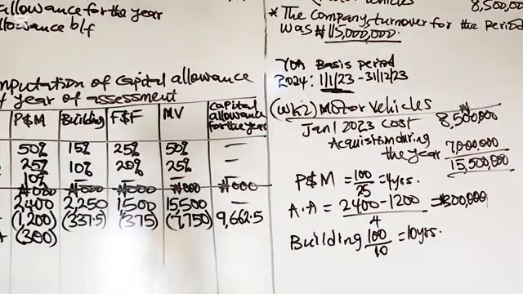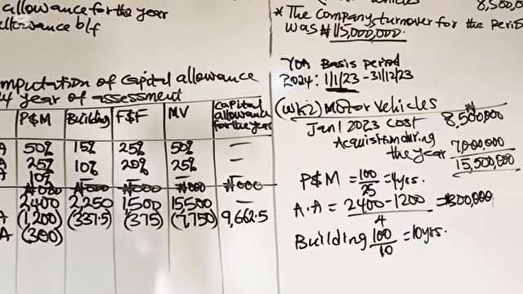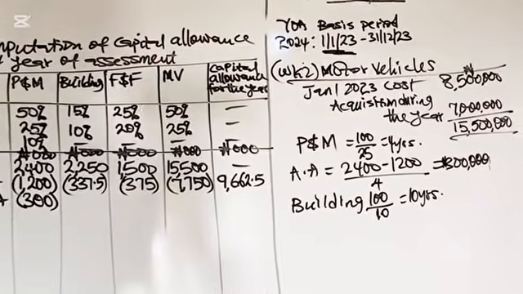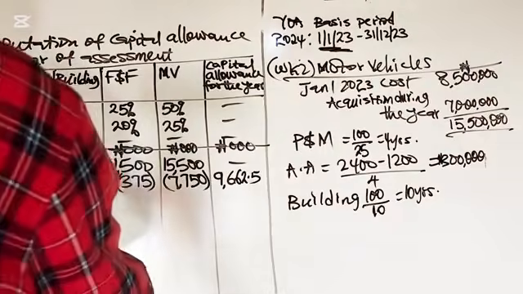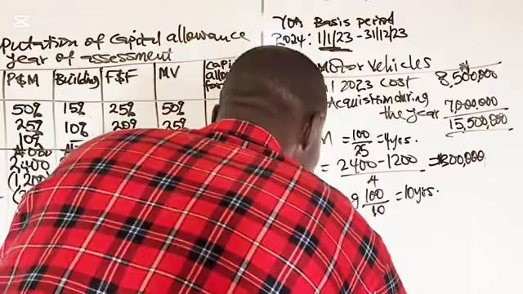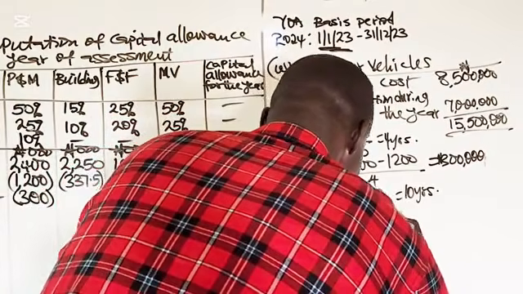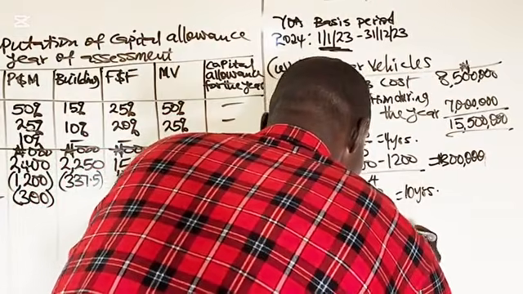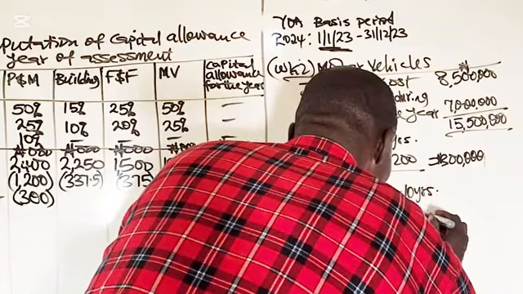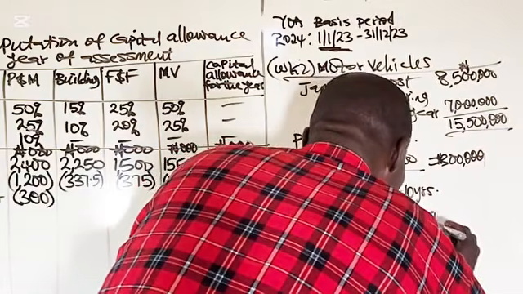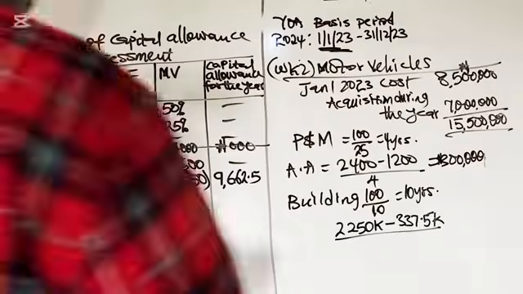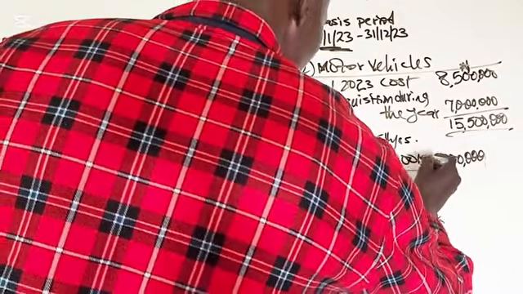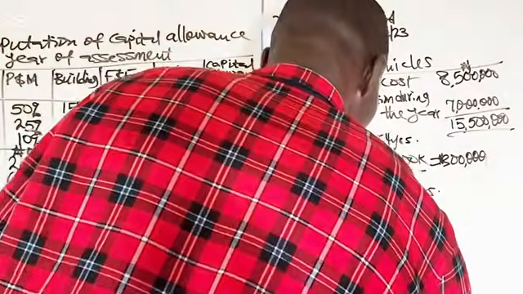So to compute the annual allowance on building, you have the cost minus initial allowance: 2,250,000 minus initial allowance 337.5K, I'm adding K because the amounts are in thousands and I'm not writing them in full, divided by 10 years.